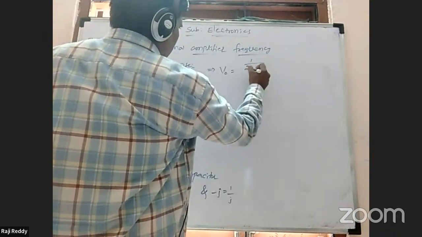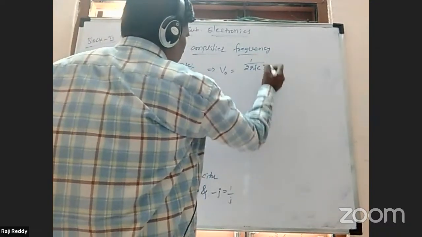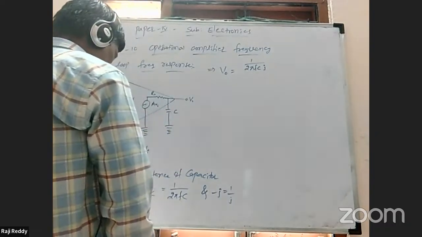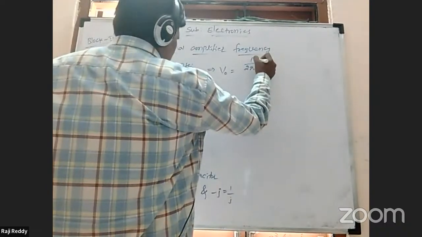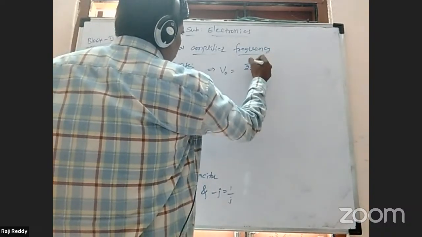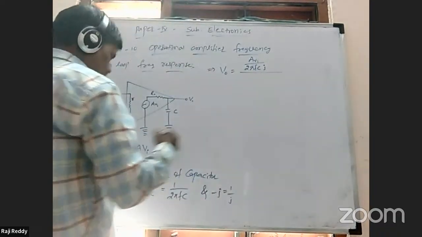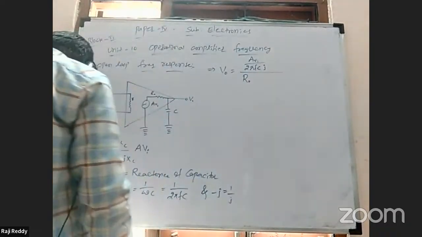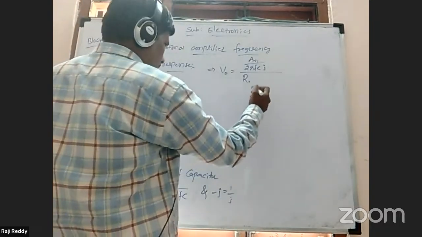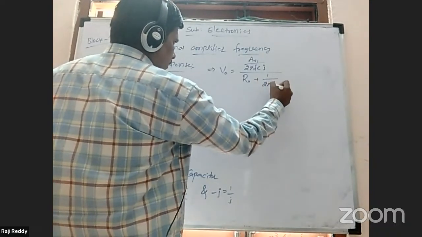So in the numerator, A into Vi, capital A times Vi, divided by R naught, as it is, and again minus j XC, which is repeated, so we get plus 1 by 2 pi fc into j.